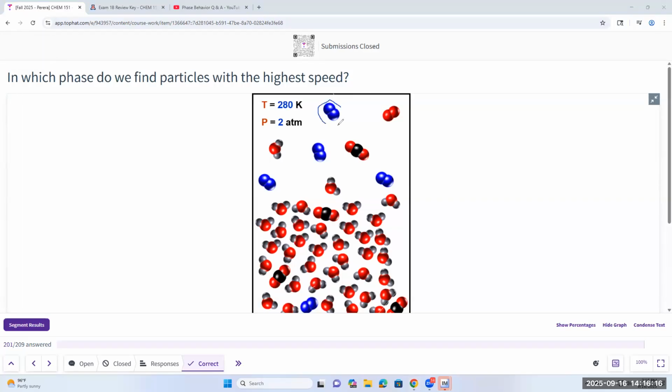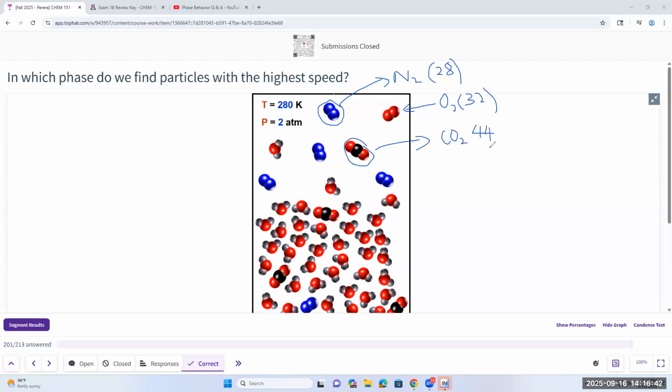Here's the information needed for this. Nitrogen, this is N2, has a relative mass of 28. Oxygen, on the other hand, O2, has a relative mass of 32. And here's carbon dioxide, CO2.